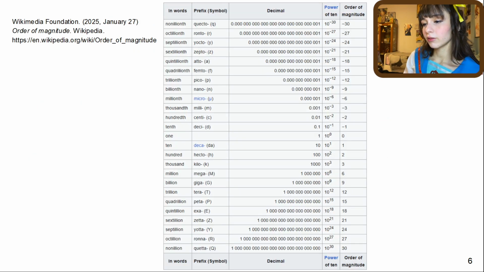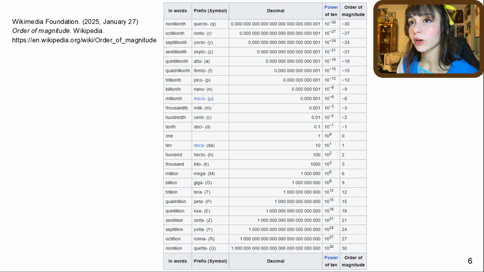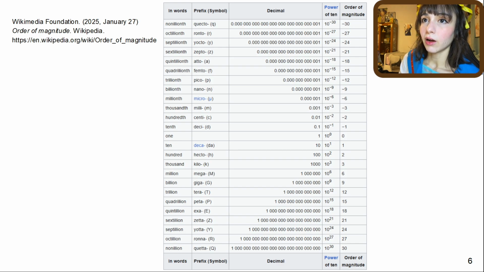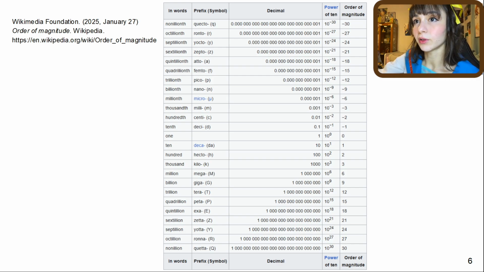Following that, all of these orders of magnitude typically have a name, which is normally used as a prefix for SI units. For example, for meters, if you have something larger, it's going to be kilometers, which you hear a lot, referring to distances.